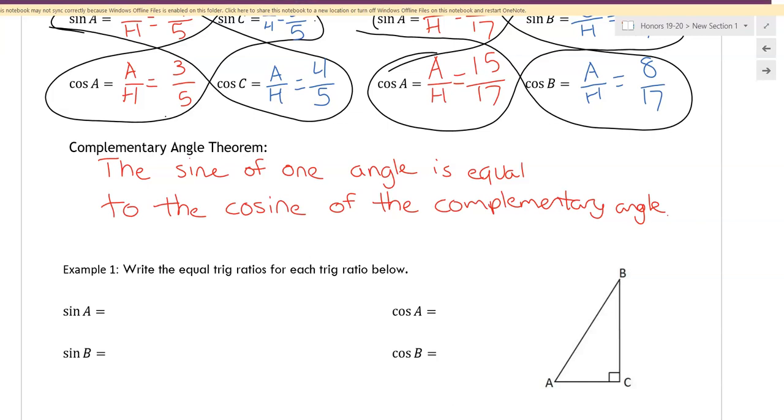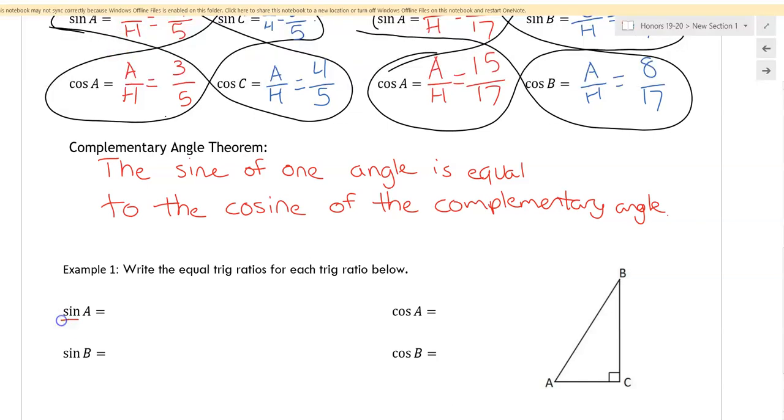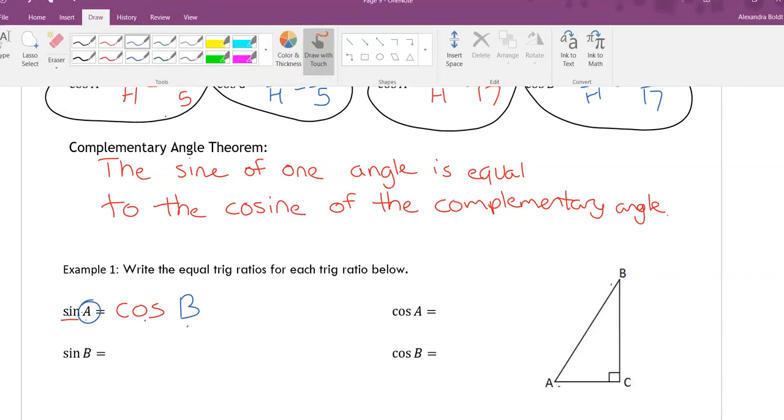So for example, if I have the sine of A, the sine of one angle is equal to the cosine of the complementary angle. This was A, and the complementary angle is B. So sine of A is equal to cosine of B. The trig ratio switches and the angle switches.